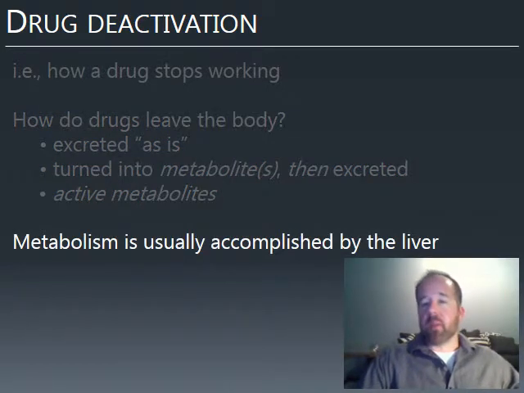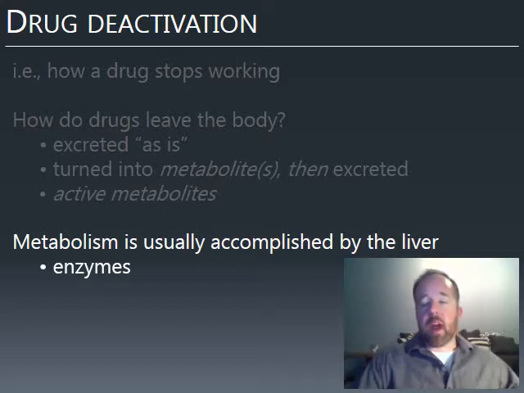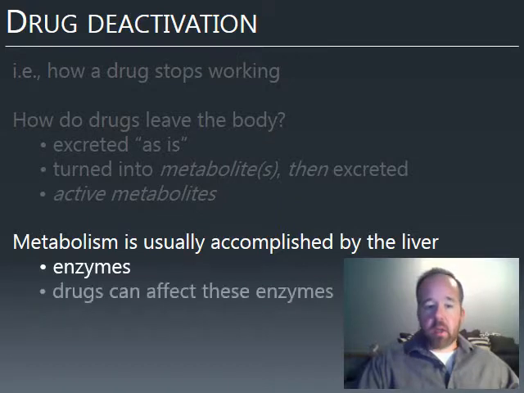As I mentioned, metabolism is usually accomplished by the liver. That's your main organ for breaking down drugs and other toxic substances. And drugs can actually have an activating effect on the liver, so they can enhance their own breakdown. The liver has enzymes, which are molecules that break down substances. We've already met them in the topic of synaptic transmission, where they break down neurotransmitters.